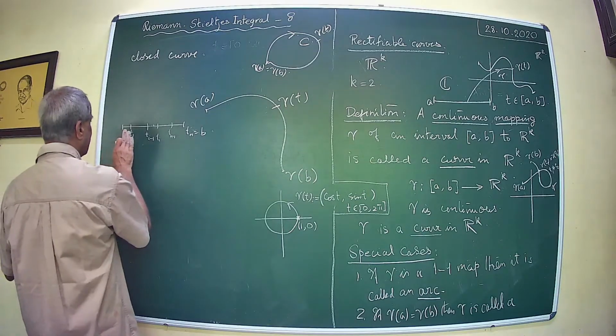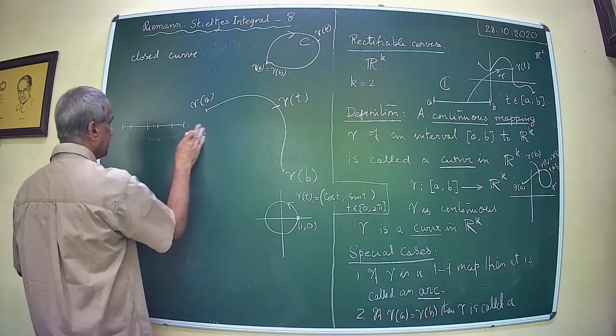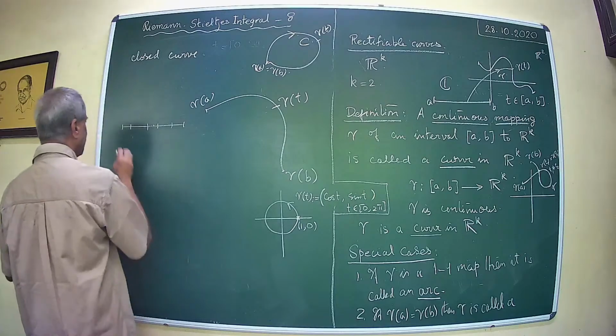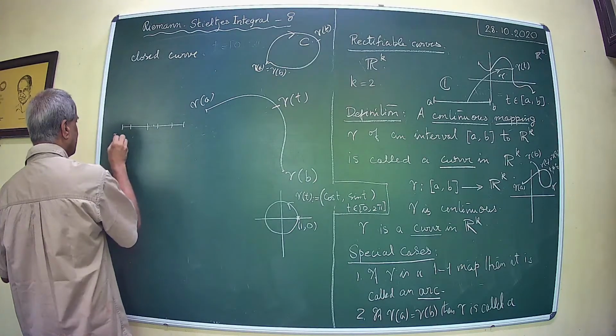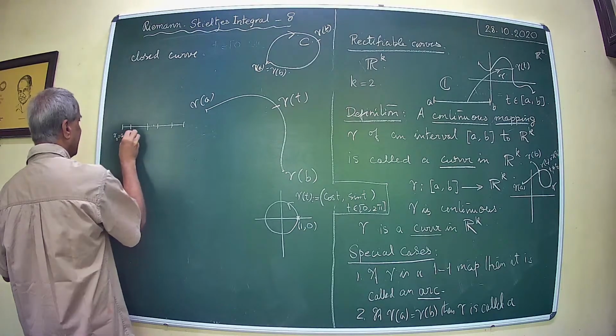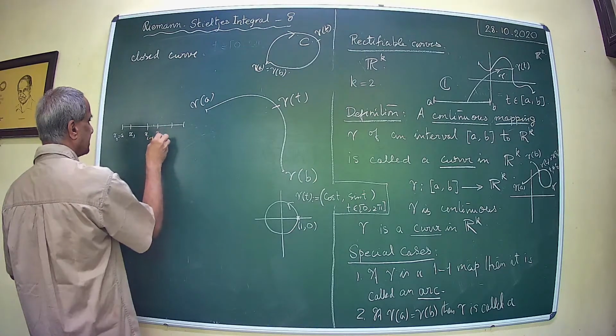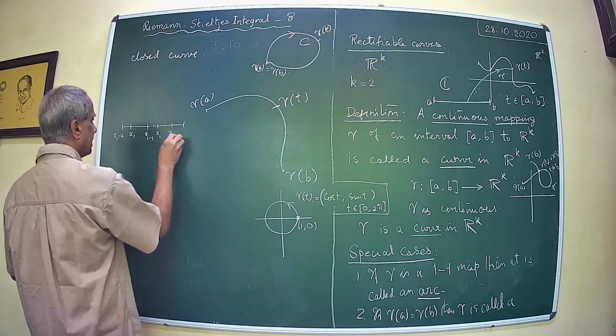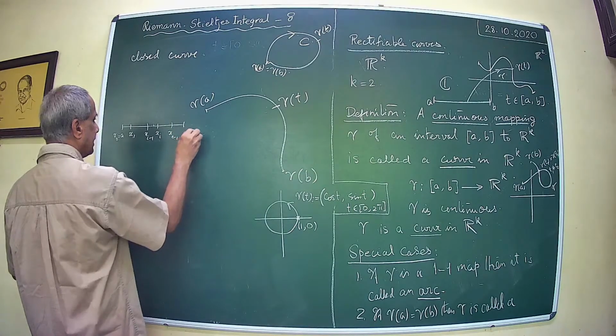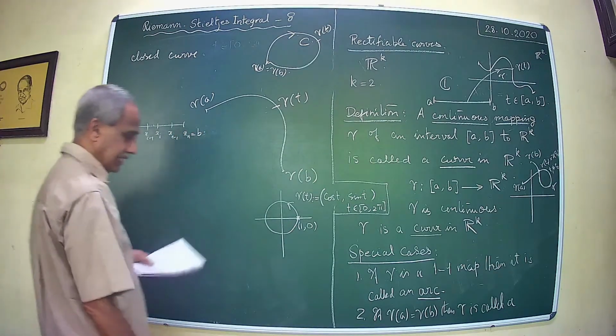Let me use the following notation: x0 equal to A, x1, x(i-1), xi, x(n-1), xn.